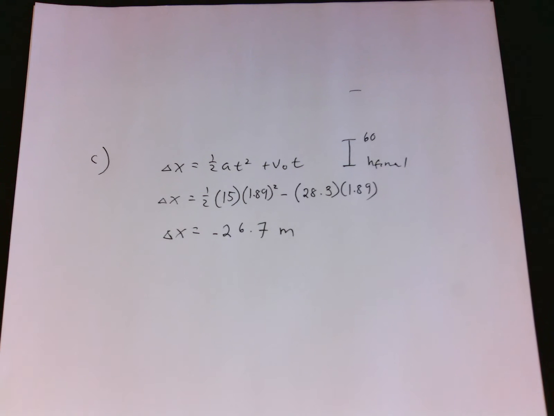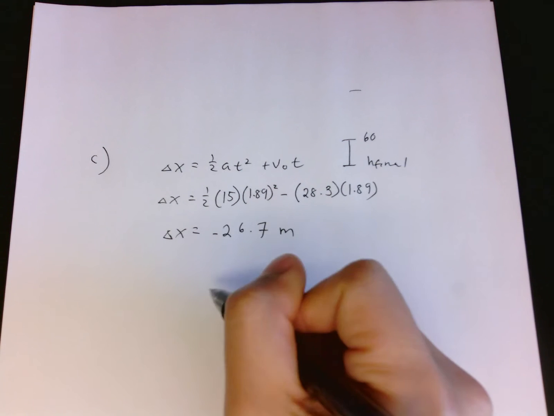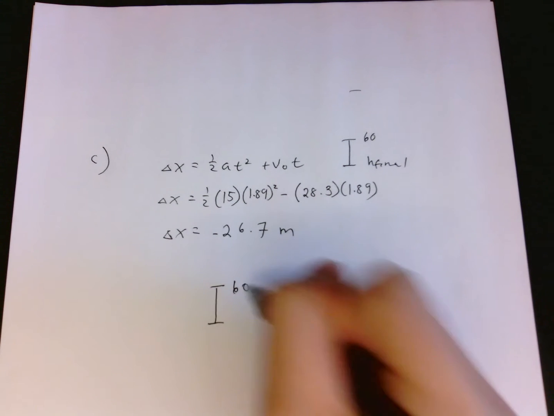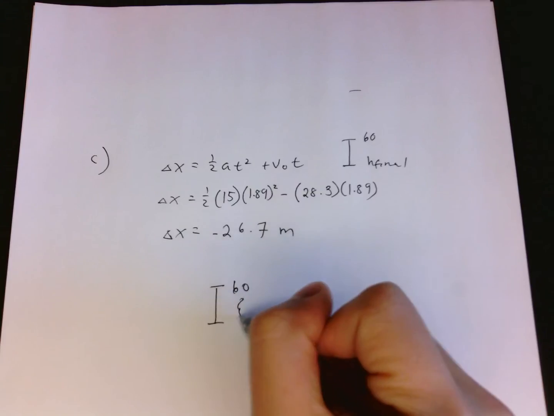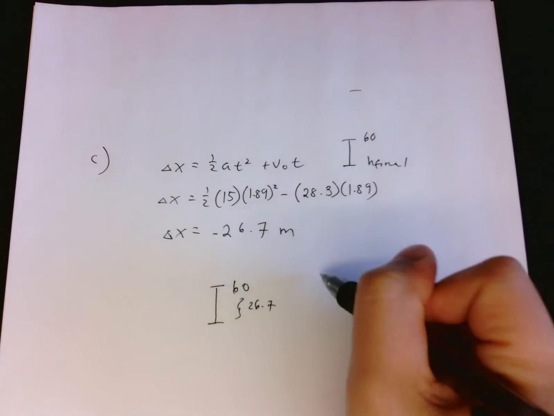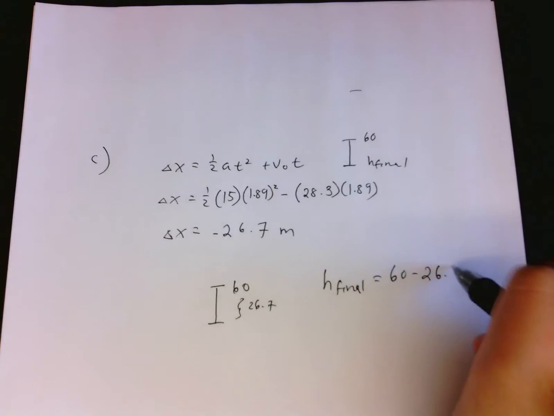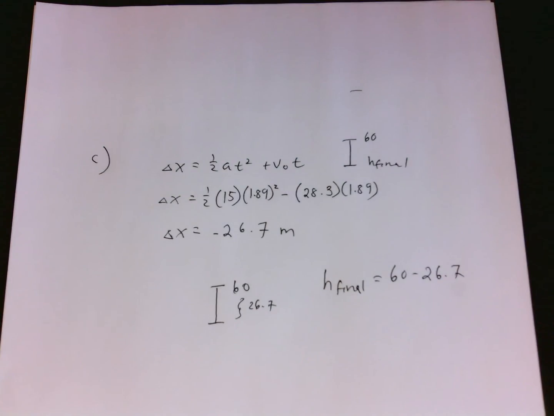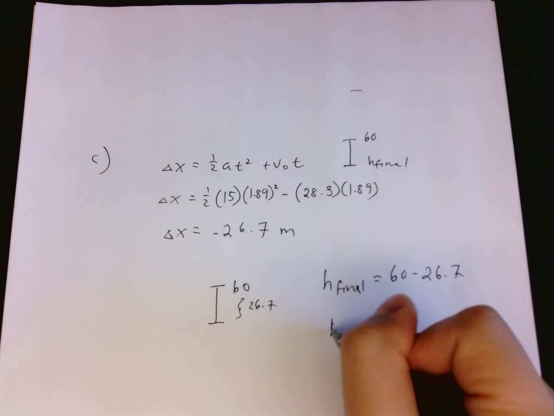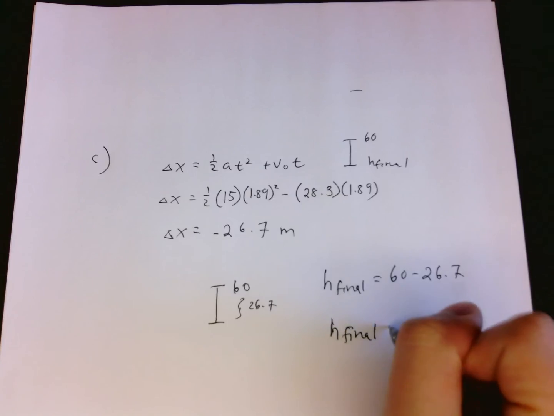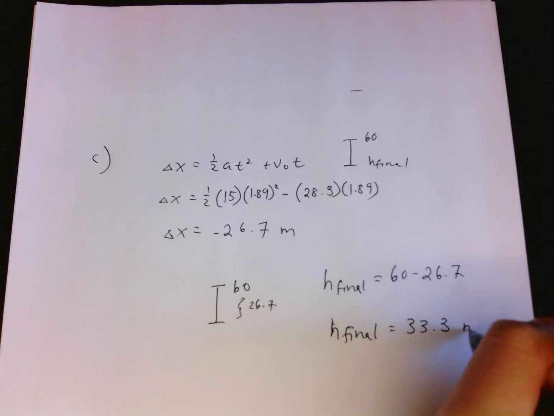So this is 26.7 meters lower than his height of 60. So his h final is equal to 60 minus 26.7, which is 33.3 meters.